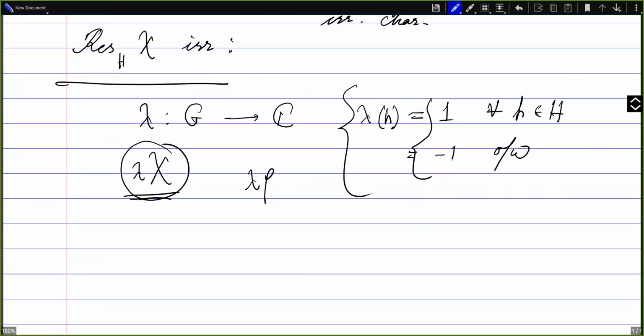Also recall that if chi is irreducible, then lambda chi is also irreducible.